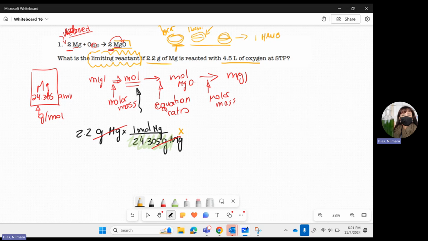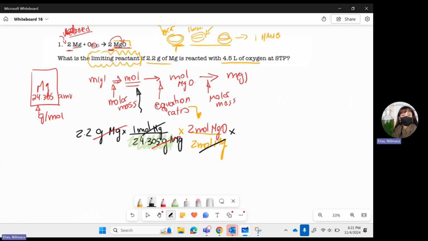Now I need the mole ratio, right? The equation ratio. So I have 2 moles of magnesium. Why am I putting it down here? Because I want to cancel this with this, since what I'm looking for is the magnesium oxide. So I have 2 moles of magnesium oxide.